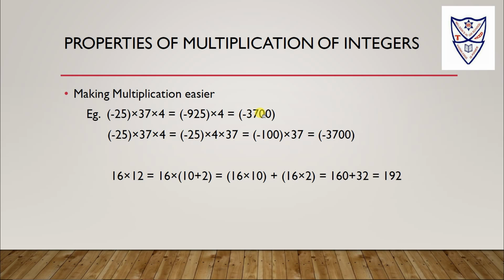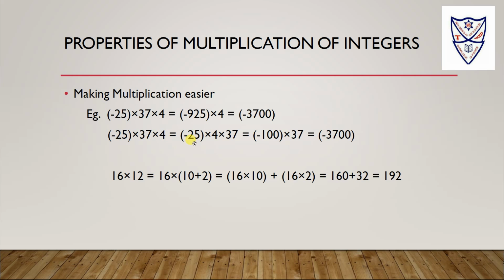But if we use the property which we have learned, we will do it this way: minus 25 multiplied by 37 multiplied by 4. First of all, we have learned about the commutative property. So we will change the order of 37 and 4, which will be 4 multiplied by 37. We can change the order: a multiplied by b is equal to b multiplied by a. That is 37 multiplied by 4 is the same as 4 multiplied by 37.